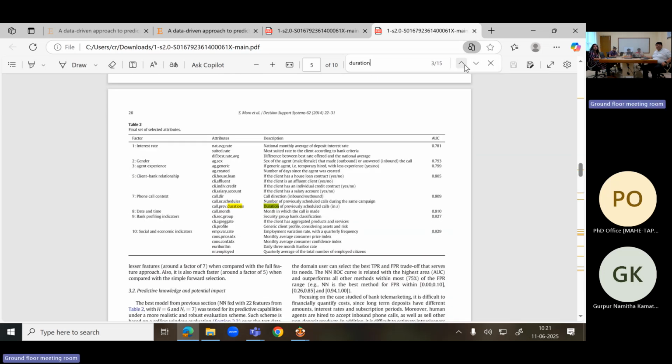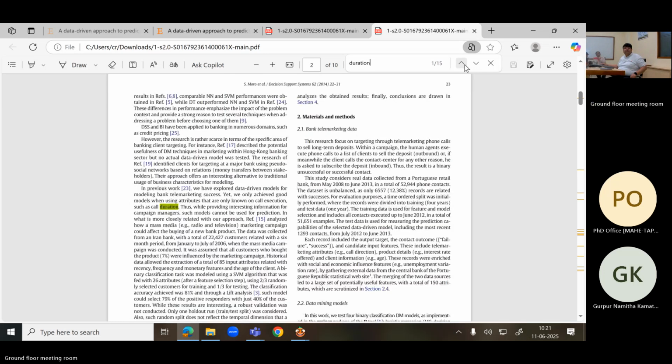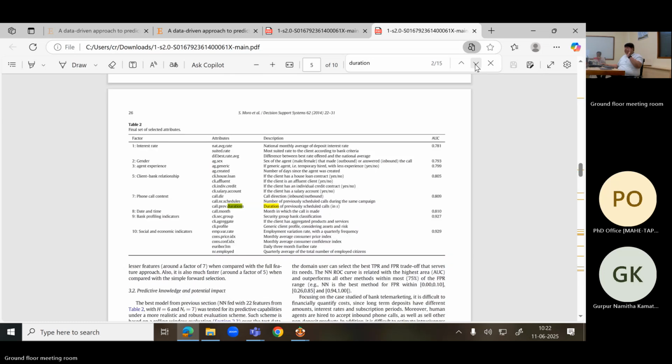The duration of previously scheduled calls. It is a telemarketing success, no? So that's why we are talking about this duration of the call. Duration of the call is something which is important. Okay. So we are clear about that.